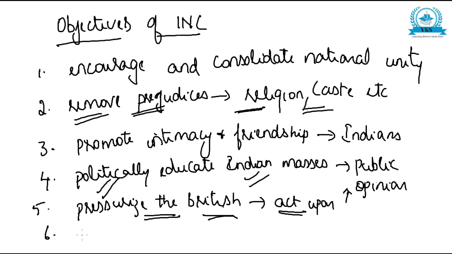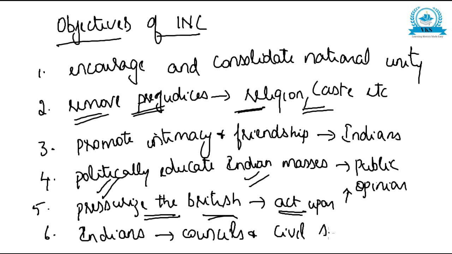And the last objective was to include more Indians in councils and civil services. More Indians have to be included in councils and civil services, then only will development happen.